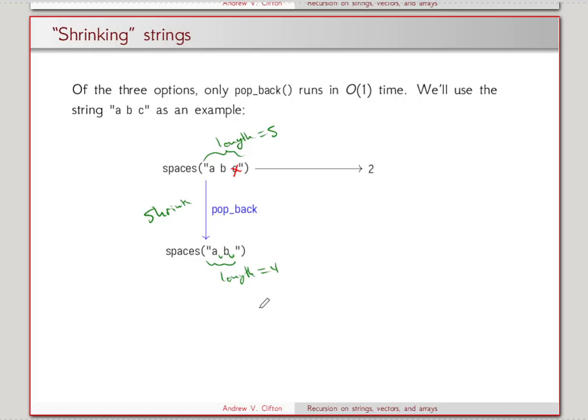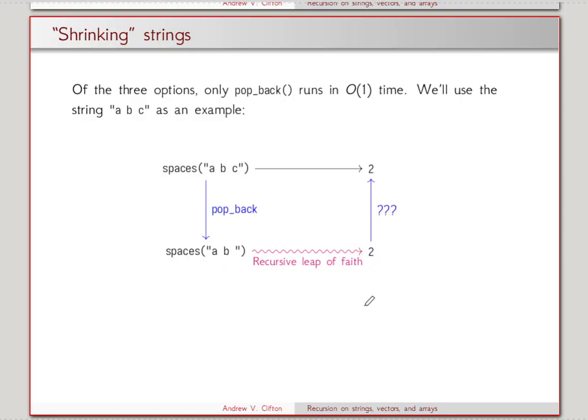Now, once I've made my problem smaller, I can apply the recursive leap of faith. The magical recursion fairies that live in our computer will make this function call work, and it will return the correct answer. So then we just need to ask, what do I need to do on the way up?